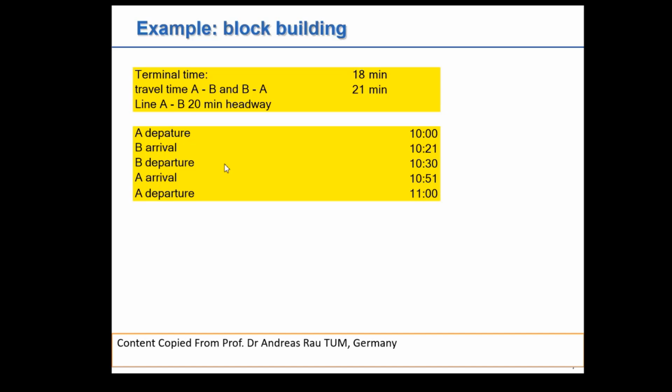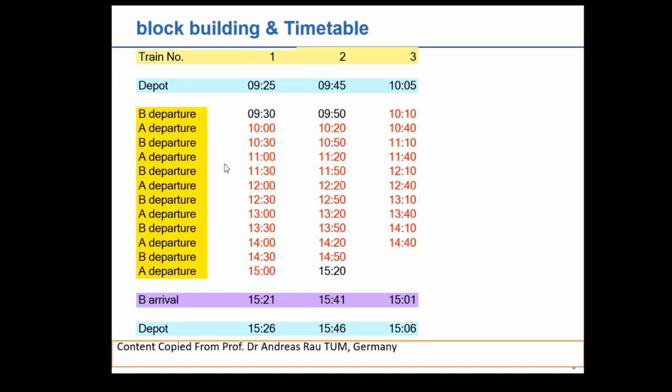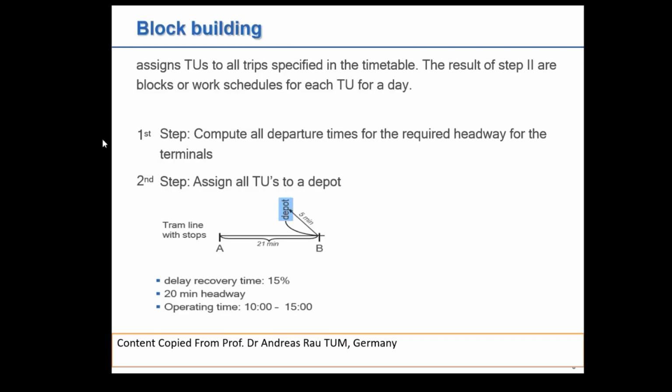So now we are trying to understand block building, and how the same block building can be created and the timetable assigned for the people's information. Before going into detail, we have 3 trains, meaning 3 transit units are required, and the system starts functioning exactly at 10, from one direction from A and the other direction from B. Have a look.